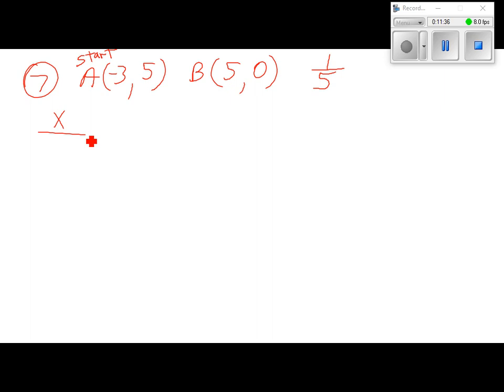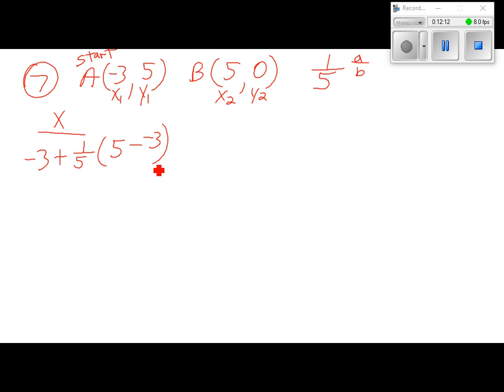We've got a fraction, so again we're using this same thing, right? This is X1, Y1, X2, Y2. This is A to B. Find the X coordinate. What's our X1? Negative 3 plus 1/5, parentheses, X2, 5, minus X1, negative 3.